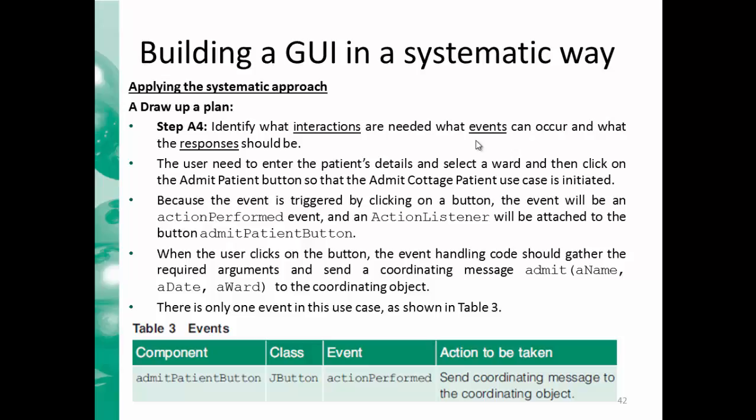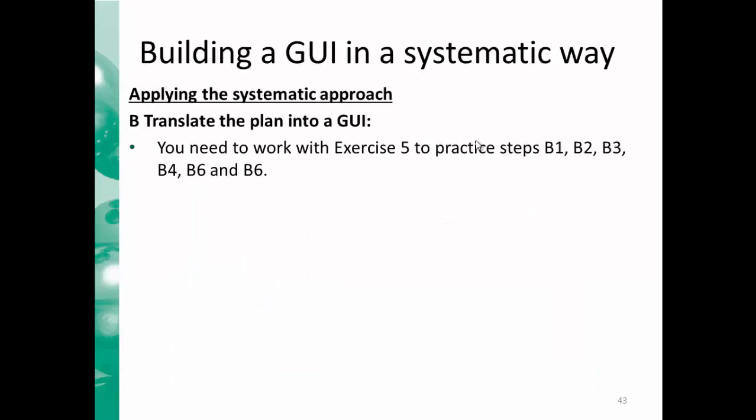So we have an events table where we have the component, the class, the event, and the action to be taken. The admit patient button will use an object from class JButton, and the event will be the action performed event, which is a kind of listener that will listen for the button action. The action to be taken is to send a coordinating message to the coordinating object.